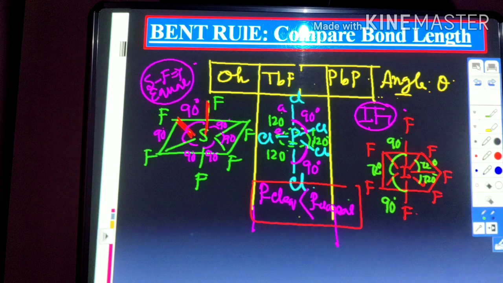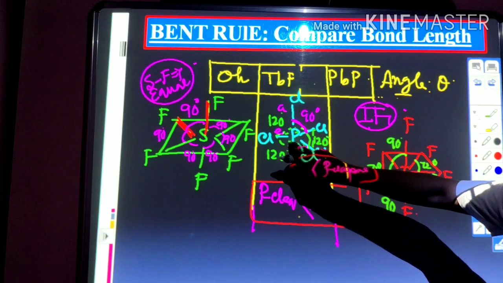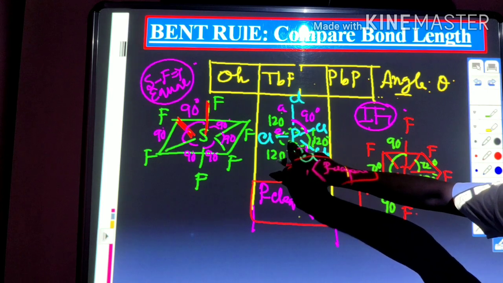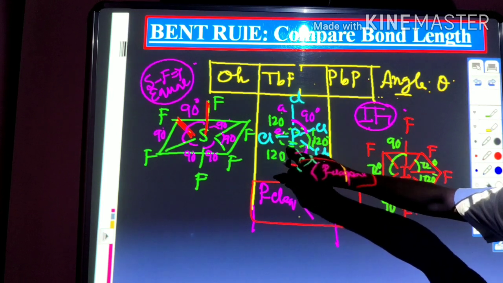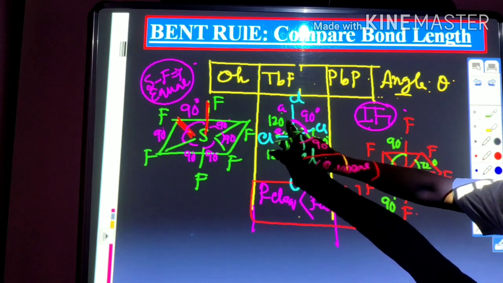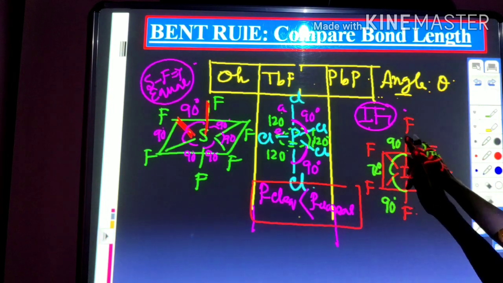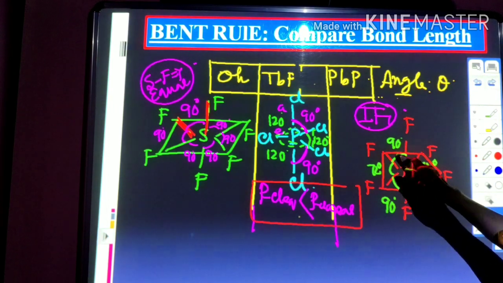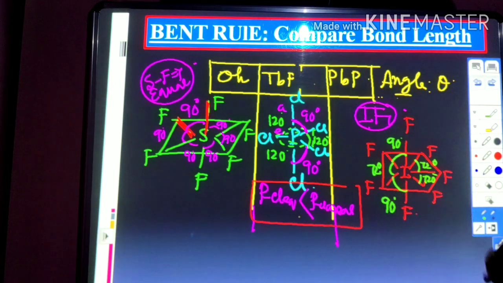In the previous case, in the equatorial plane the angle is 120 degree, and the other angle is 90 degree. In this case, it is different. Between axial and equatorial bonds, the angle is 90 degree, and between equatorial bonds, the angle is 72 degree.